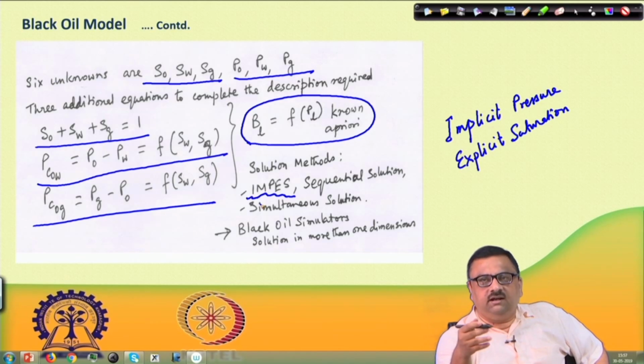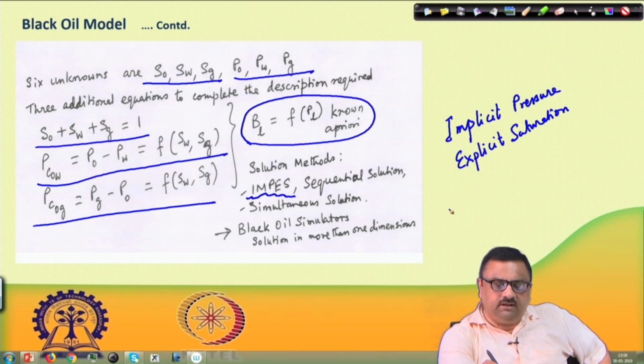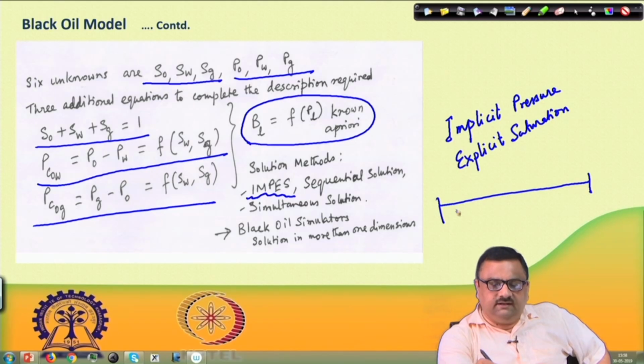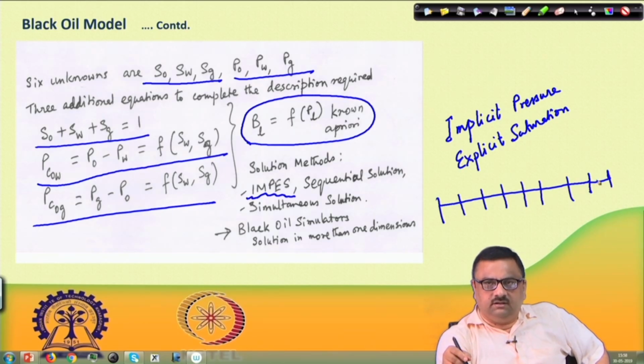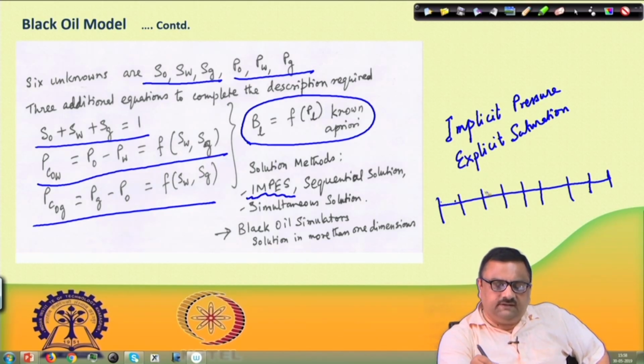If you are familiar with finite difference, you will be able to appreciate that if this is the x grid, then one can break it into hundreds of such grids. Okay. And then at every grid you are putting some values of these unknowns, and then you take one delta t time step.